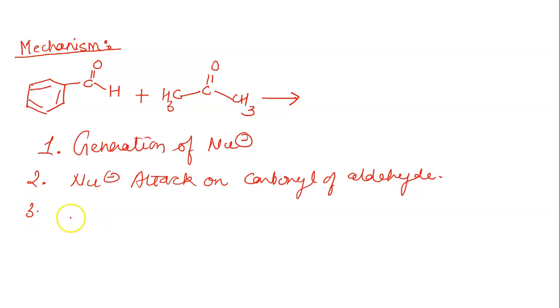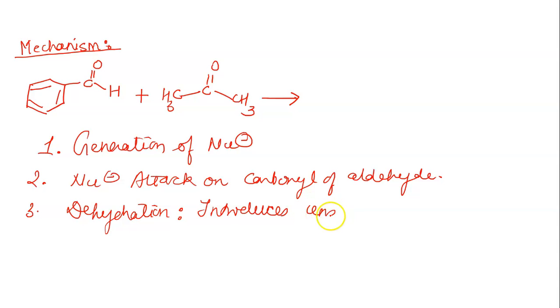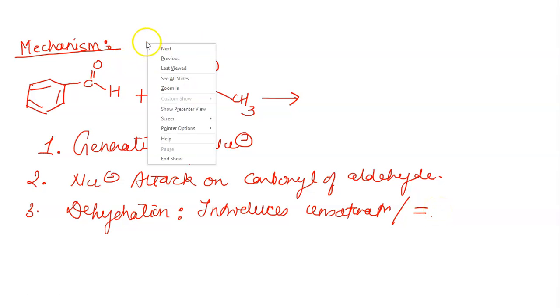And step number 3 is dehydration, and this step introduces unsaturation or double bond. Okay, so let's have a look at the mechanism one by one.